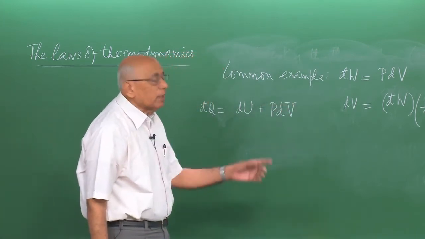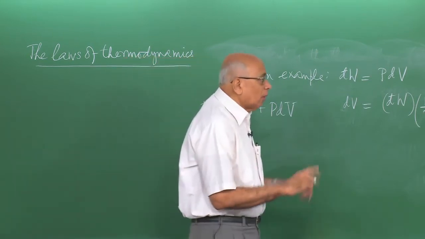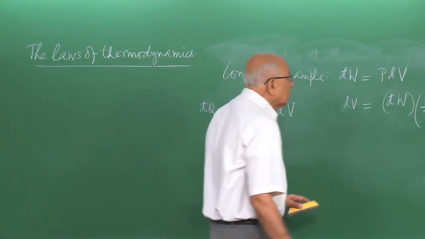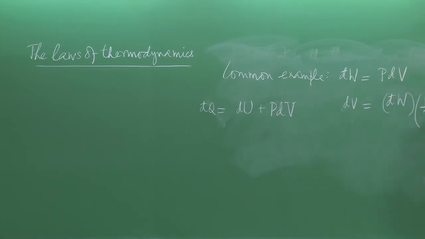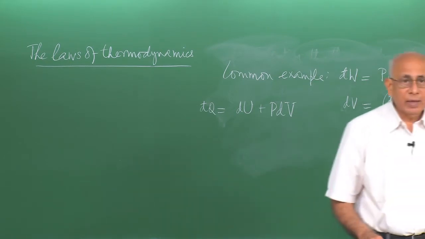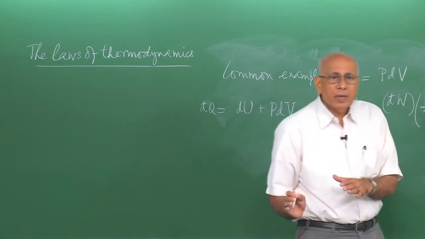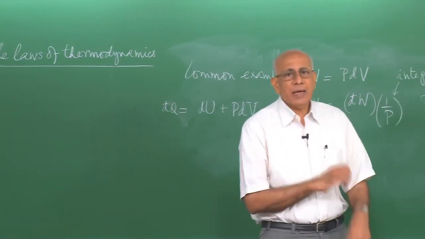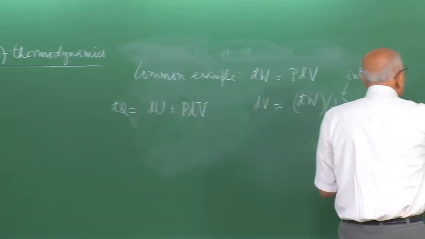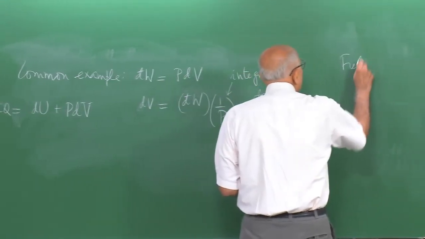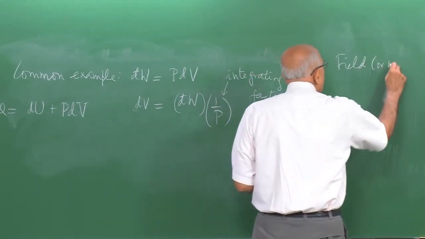Actually it is a little more general than that. The most general form of writing the first law is as follows. You identify a set of intensive variables which are called field variables, and a set of extensive variables or response variables which are called state variables. So you have these so called field or intensive variables.